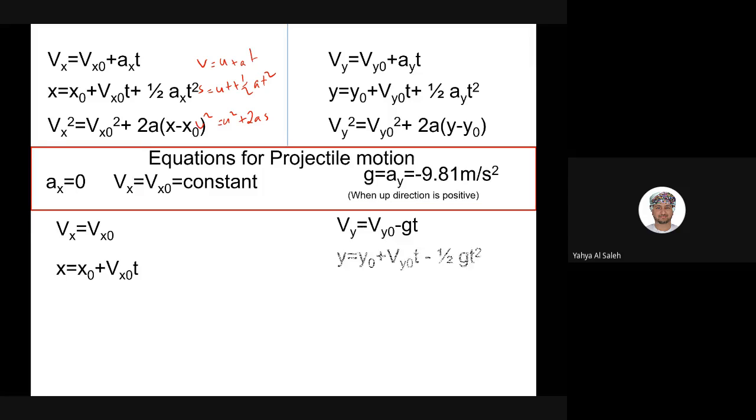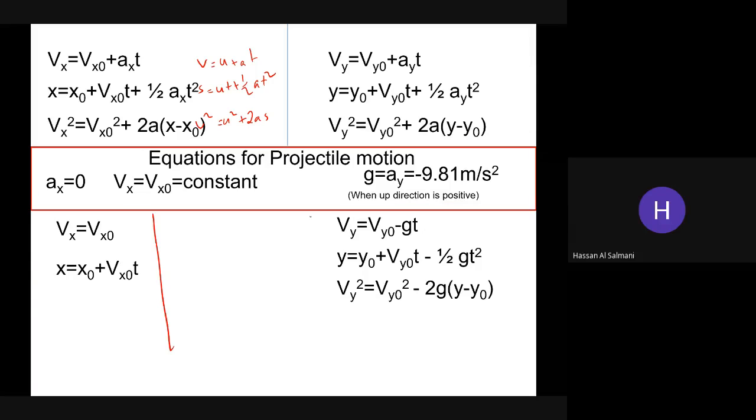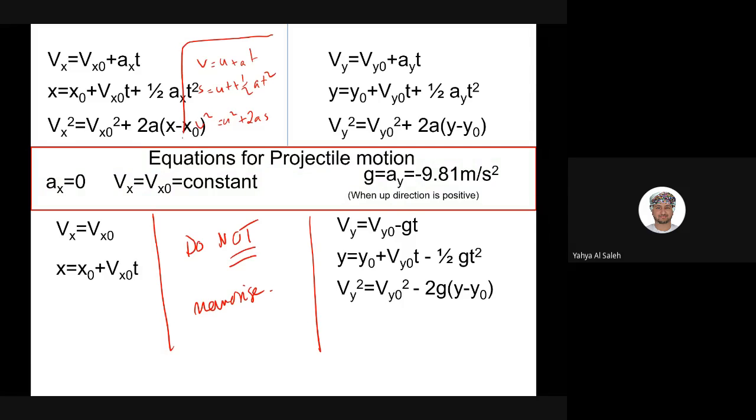So I can rewrite my equations this way. Right? Now I will beg you to do something. Do not memorize these equations. You only ever need to remember these. Even these 3 equations in the box will be given to you in the test. You just need to know how to understand them.